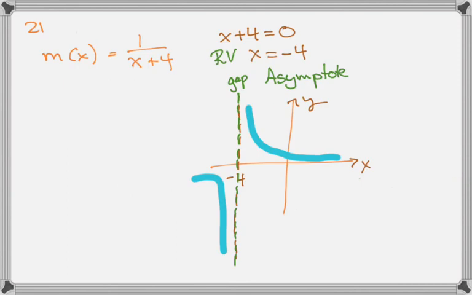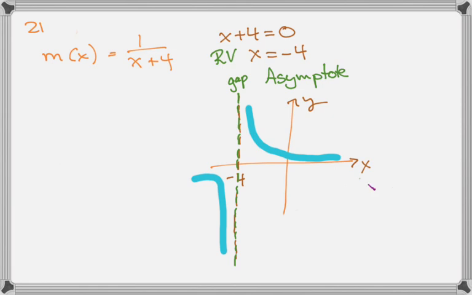Okay, now you don't have to graph it, but there were some graphs in the book, and I just wanted to point out whatever the RV is, that's where the graph has a gap. Because I'm jumping over the -4 in this case. You will learn how to graph them in college algebra. We don't have to graph them in intermediate algebra.